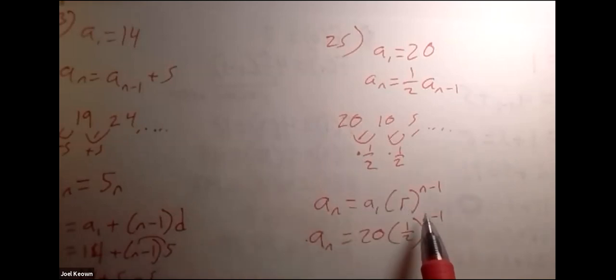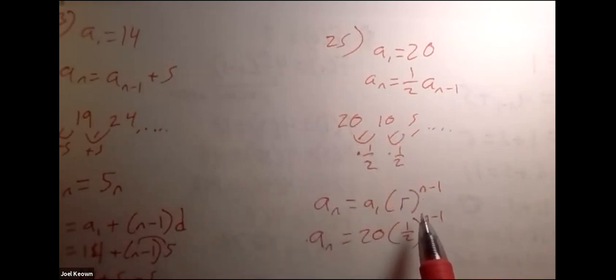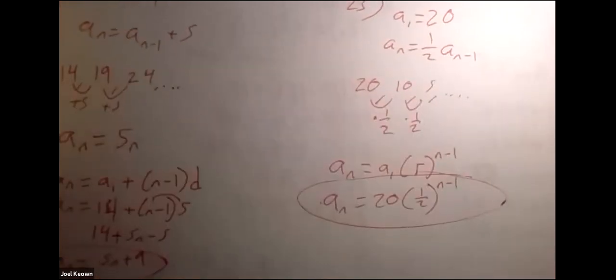If I plug 2 in, 2 minus 1 is 1, 1/2 times 20 is 10. If I plug 3 in, 3 minus 1 is 2, 1/2 squared is 1/4, 1/4 times 20 is 5. So yes, that does in fact work.